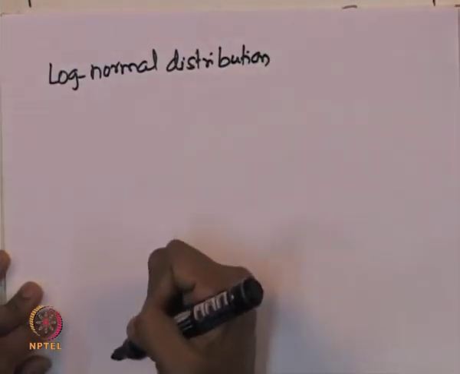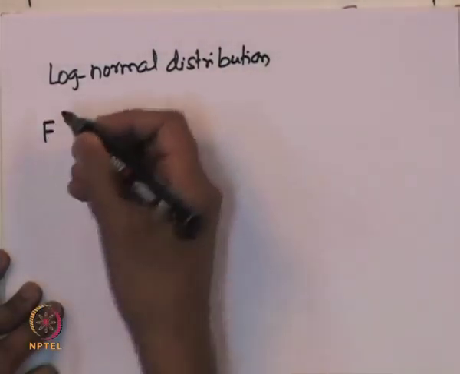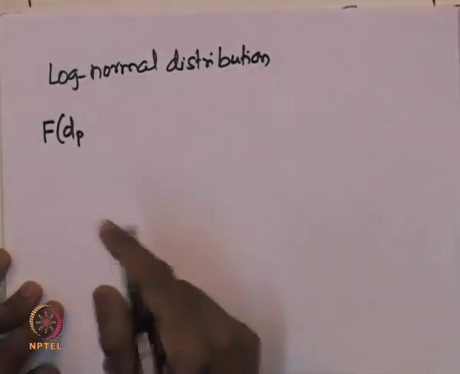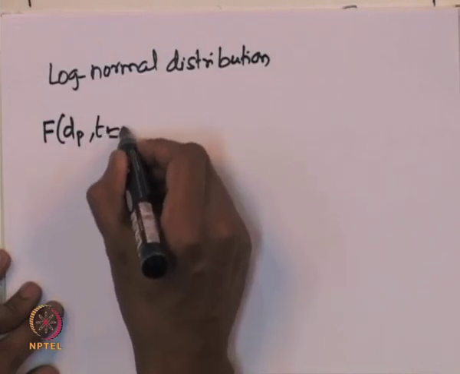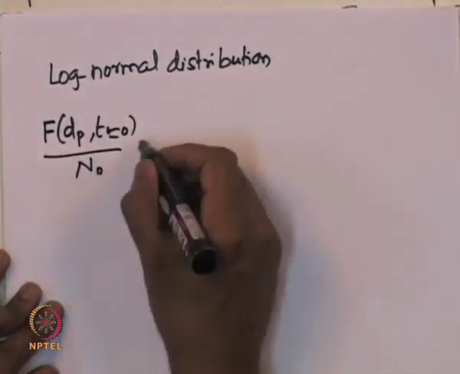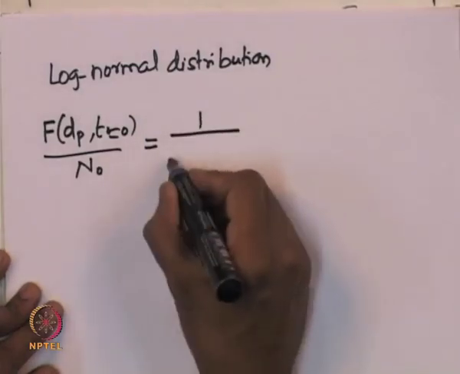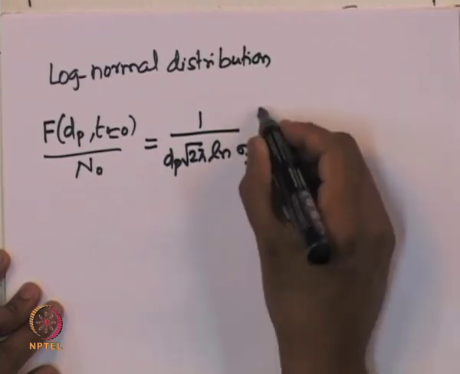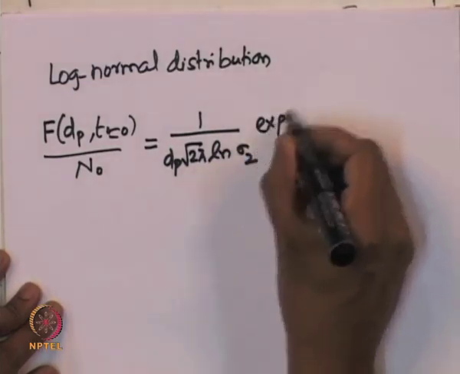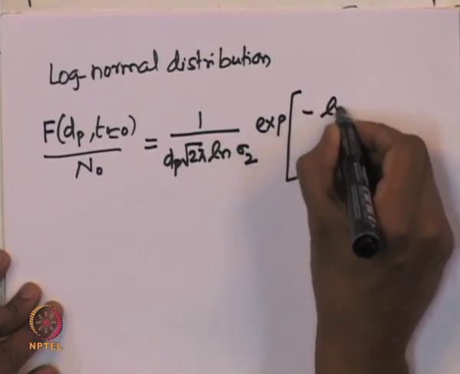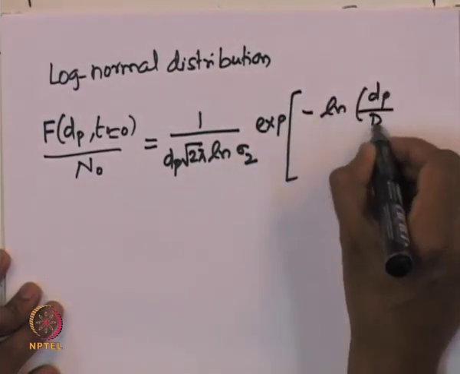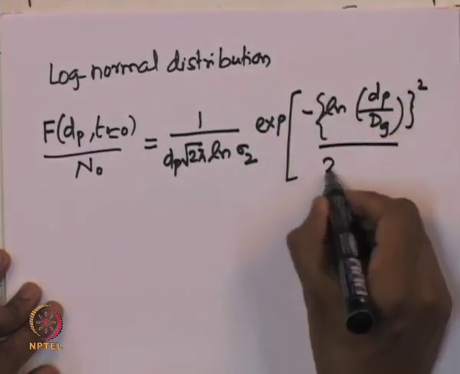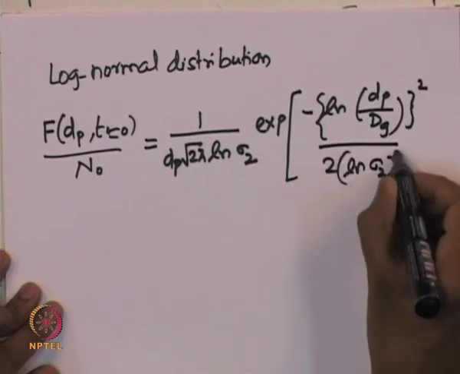So, the fraction of the particles whose size is dp at time t equal to 0, normalized by n naught, is given by 1 by dp square root of 2 pi ln sigma 2, multiplied by exponential of minus ln of dp by dg, squared, divided by 2 times ln sigma 2 squared.